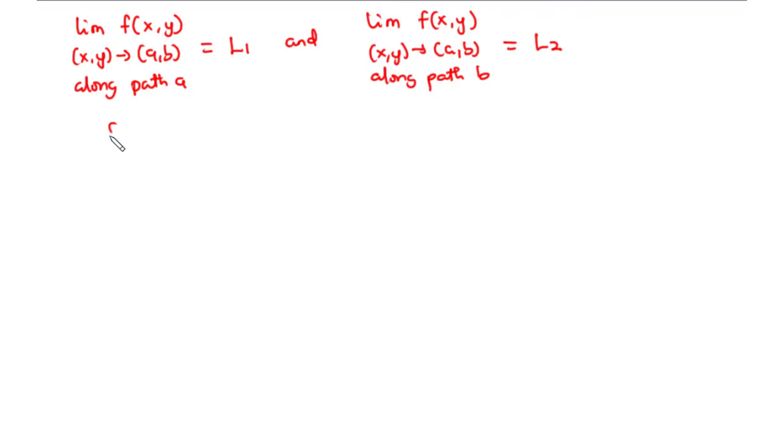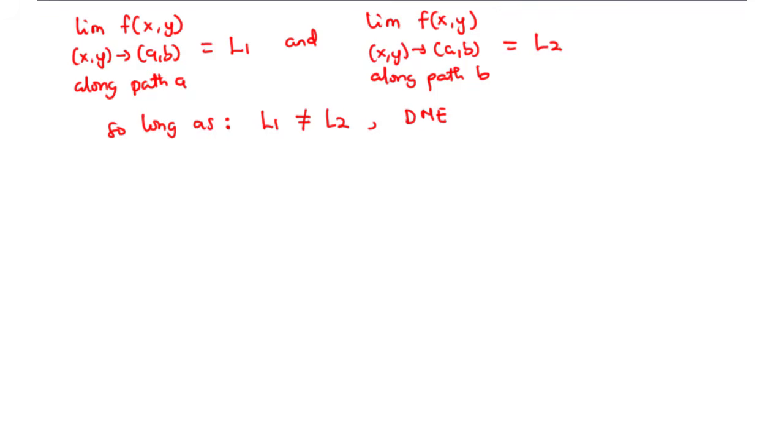So long as L1, which is the limit of the function as (x, y) approaches (a, b) along path A, is not equal to the limit of the function as (x, y) approaches (a, b) along path B, then we say that the limit of the function f of x, y does not exist.